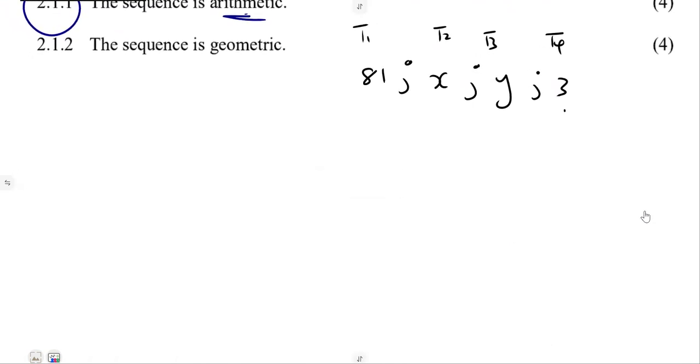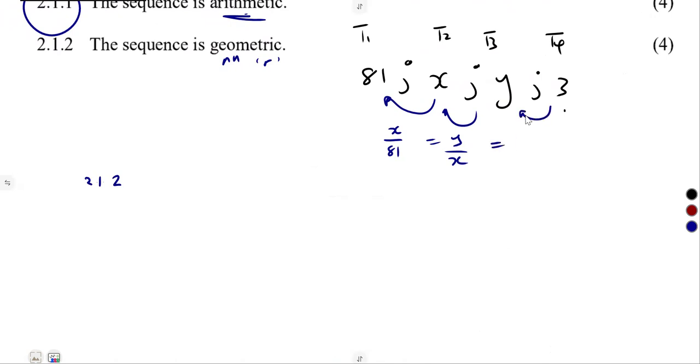We can use the understanding that in a geometric sequence, we have got the constant ratio. So that ratio must be the same. Remember the constant ratio x over 81, y over x is equal to 3 over y. Term 2 over term 1, and so on and so on.